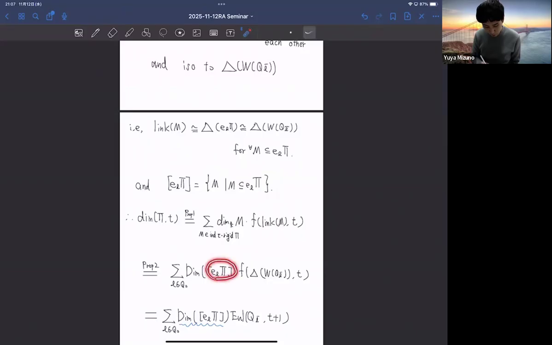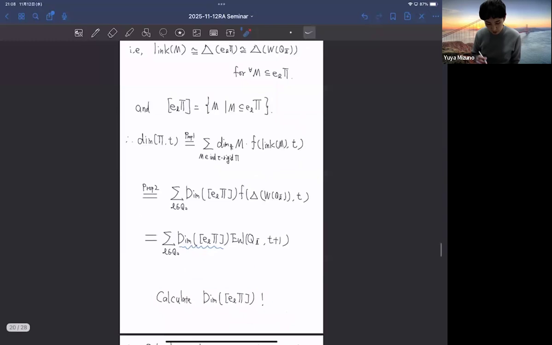And we only need to calculate the dimension of this submodule, because this F polynomial is nothing but the Eulerian polynomial, which is well known. So to determine the d-polynomial, this is just one last step.